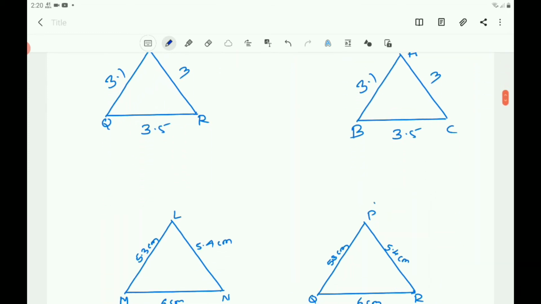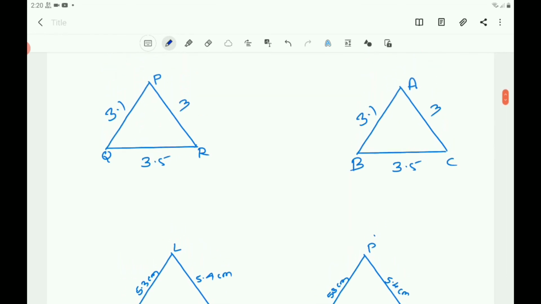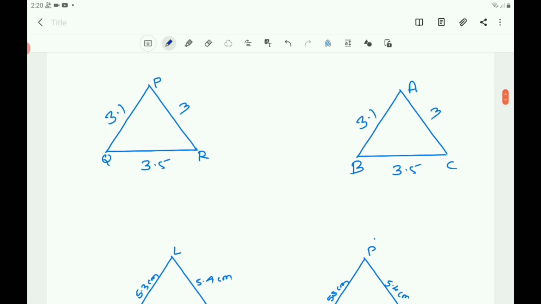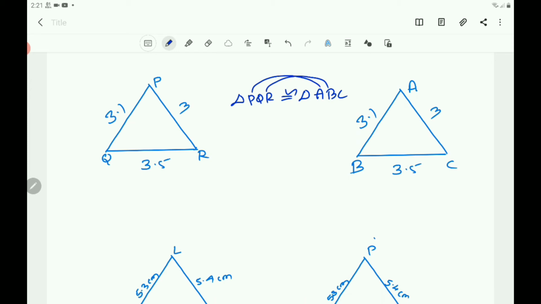Now you can look at some examples of congruent triangles. In this figure, triangle PQR is congruent to triangle ABC. P corresponds to A, Q corresponds to B, R corresponds to C. That is PQ is equal to AB, that is 3.1 centimeter, and QR is equal to BC.